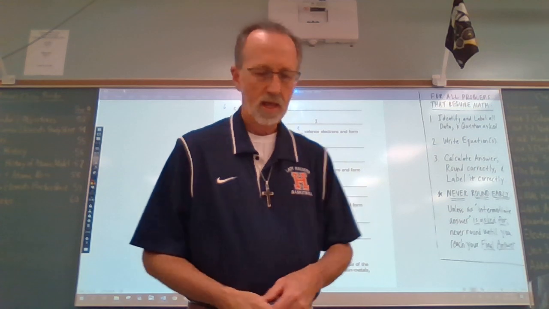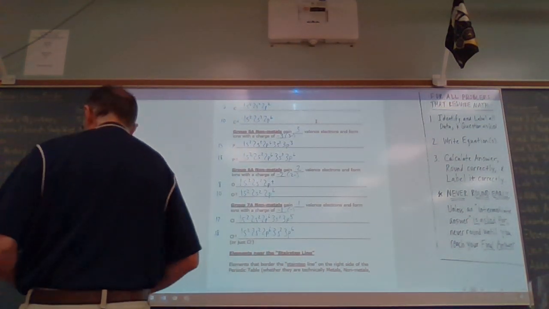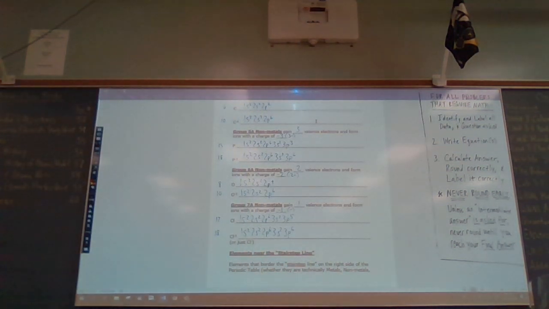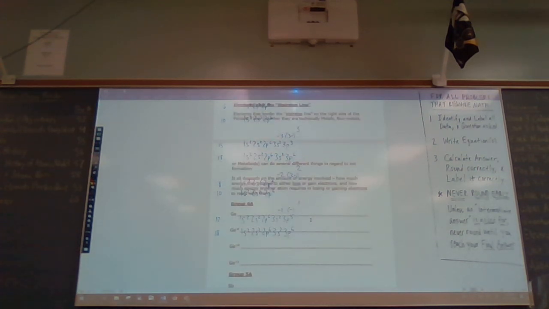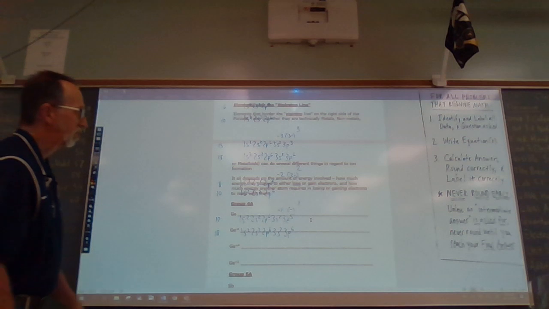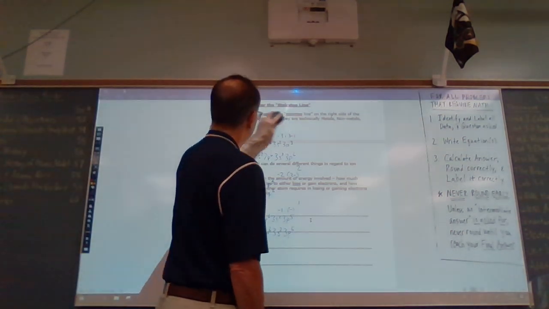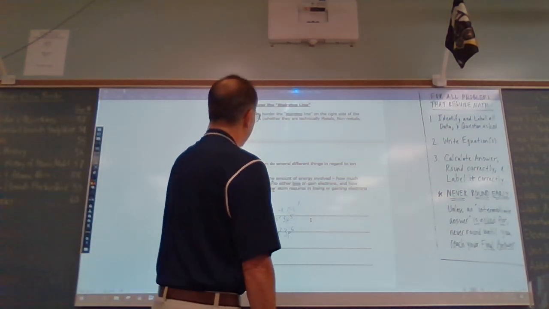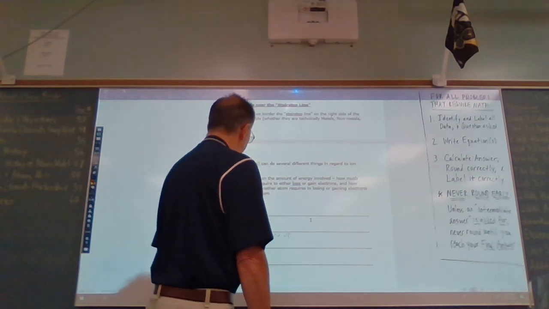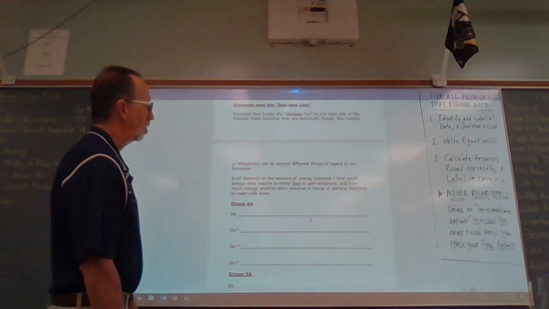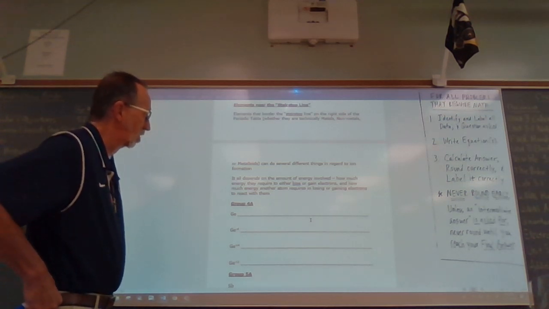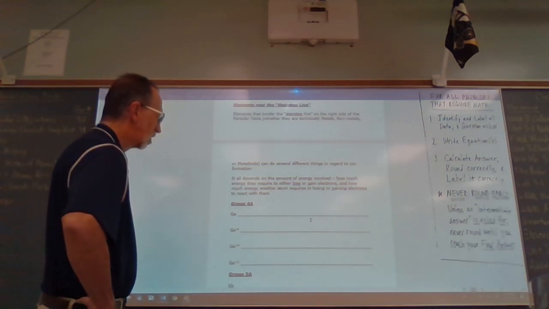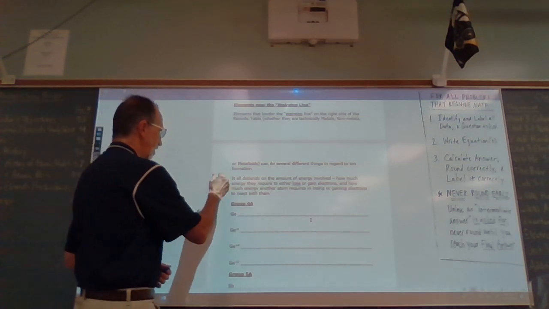So anyway, elements near the stair-step line. Basically, metalloids and those near the metalloid area. Elements that border the stair-step line on the right side of the periodic table, over there in the p block, whether they are technically metals, nonmetals, or metalloids, can do several different things in regard to ion formation. Let me star this.